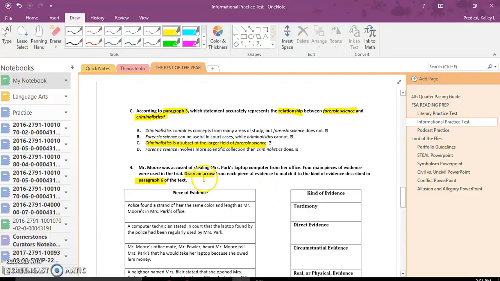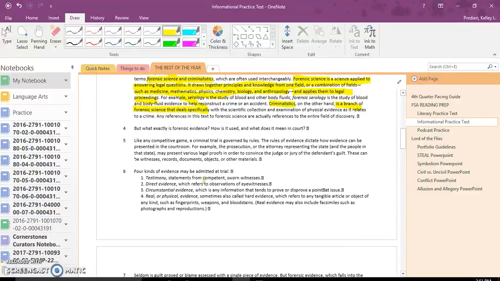Okay. So paragraph 6 is the next one. Paragraph 6 gives us each type of evidence. So testimony is a statement from competent sworn witnesses. A sworn witness is somebody who in court says, I swear to tell the truth, the whole truth, and nothing but the truth. Direct evidence refers to observations of eyewitnesses.